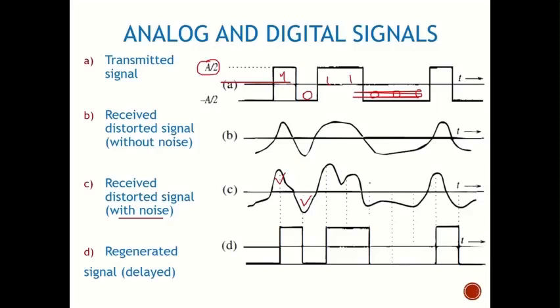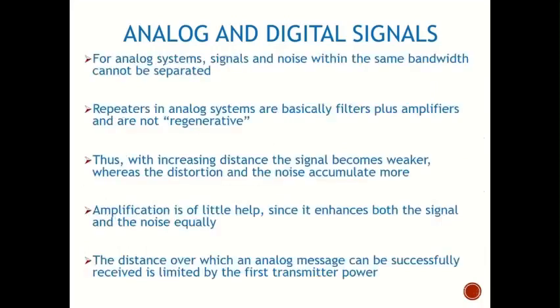If you want to further retransmit this signal, that is called a regenerated signal. We can reshape the signal back to its original form and then retransmit it over a longer distance. That process is called a repeater, and this requires a regenerator.